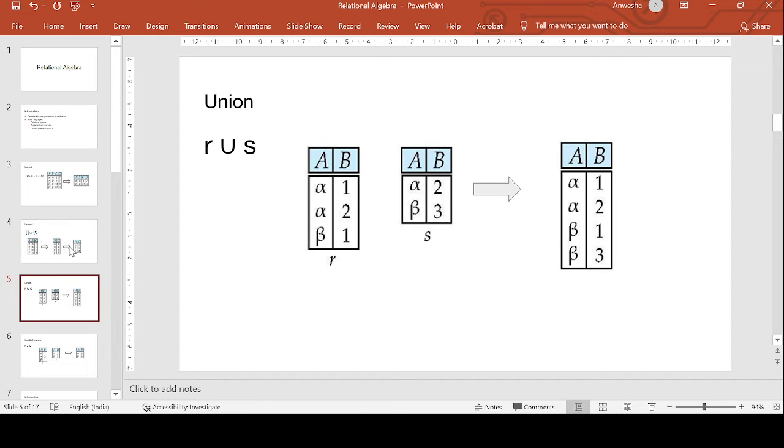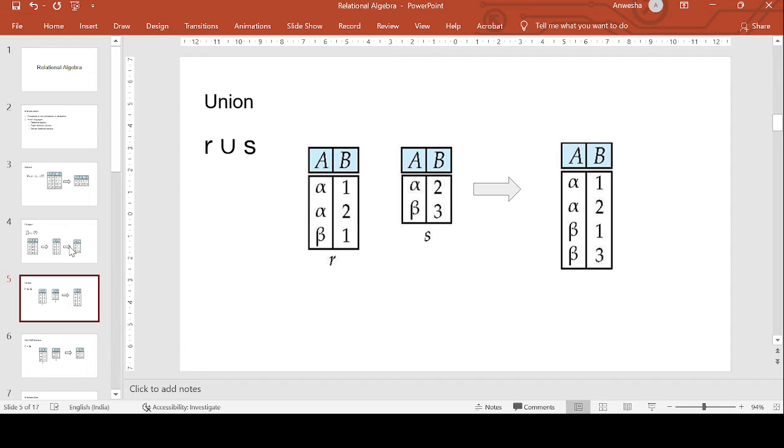Now is union. In set theory, you have already read what union is and how union is done. So here also, if you consider two relations R and S, then the union will contain the tuples of both the relations.